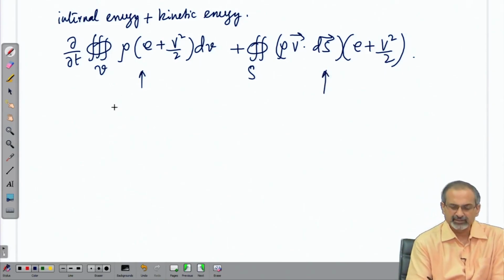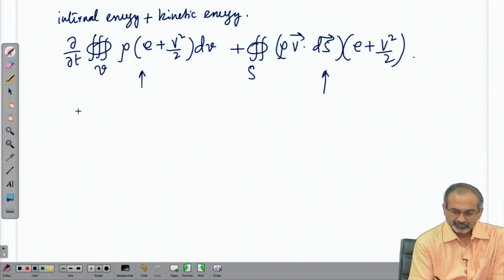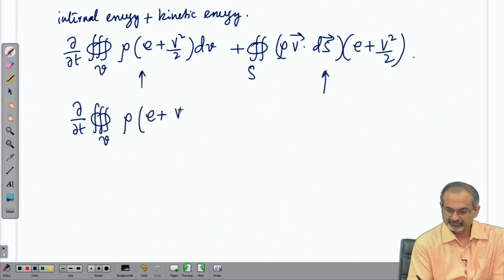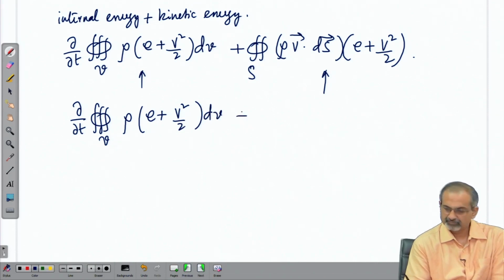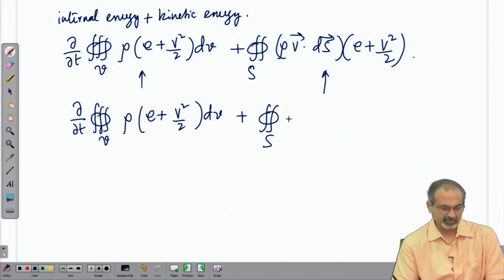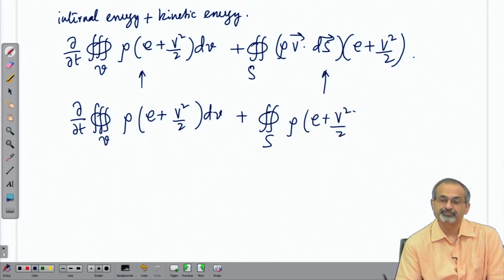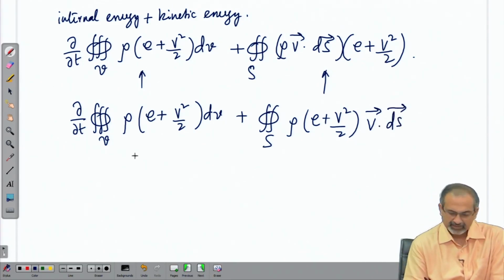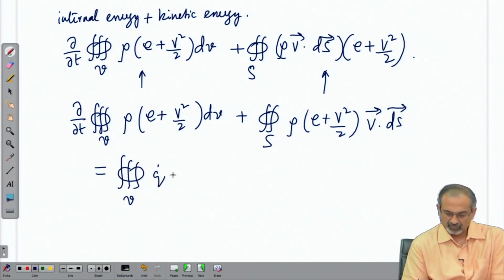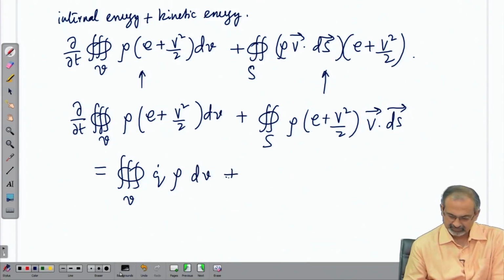Now, putting everything together into the equation, we have these two terms. We will slightly rewrite this second term like this, so that we can take the dot product there onto the right hand side, and then we can indicate the heat and the energy exchanges.